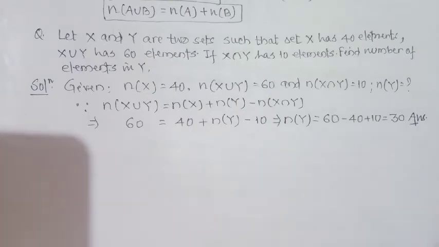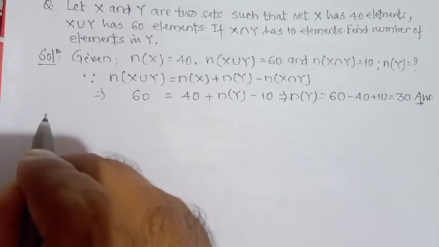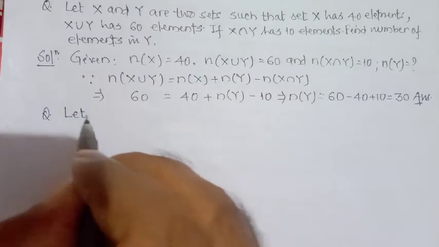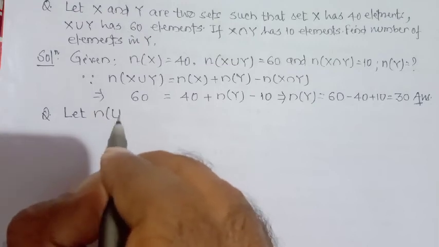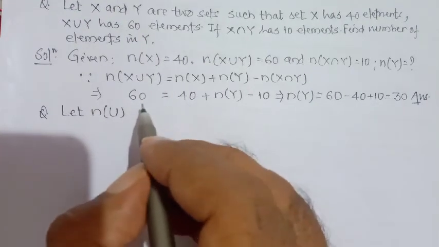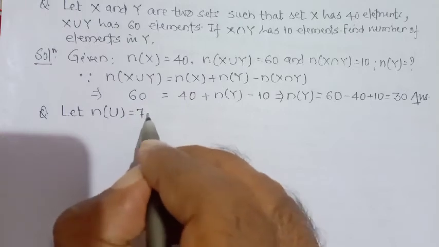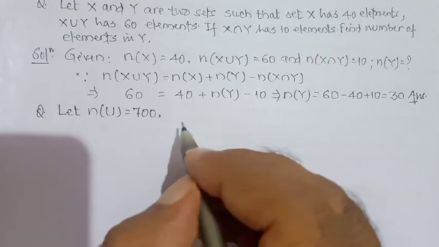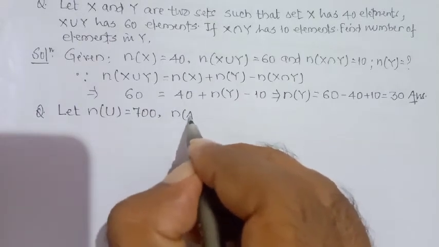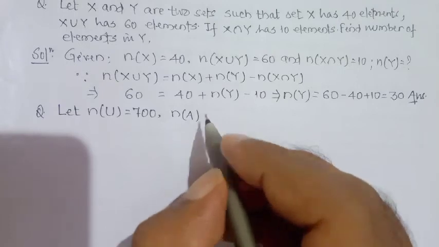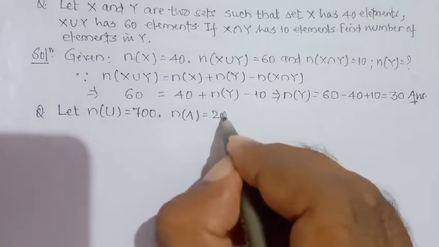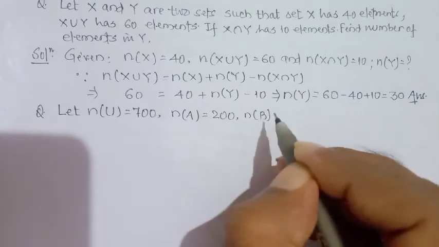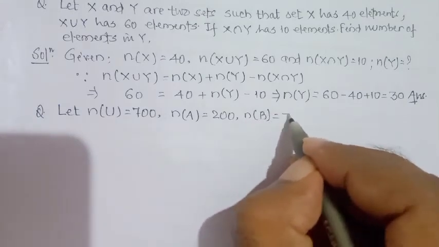See another question. Let n(U) equal 700. n(A) means number of elements of A is 200. Number of elements of set B is 300.